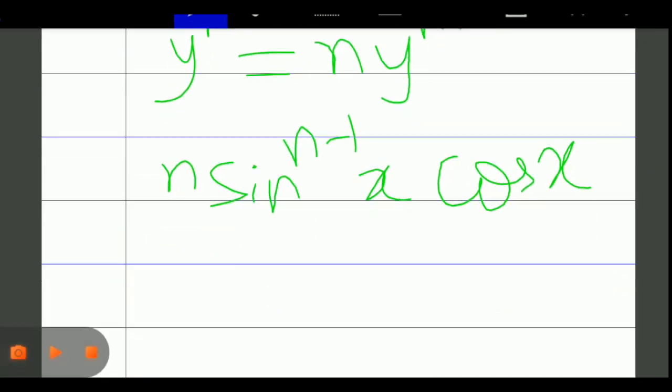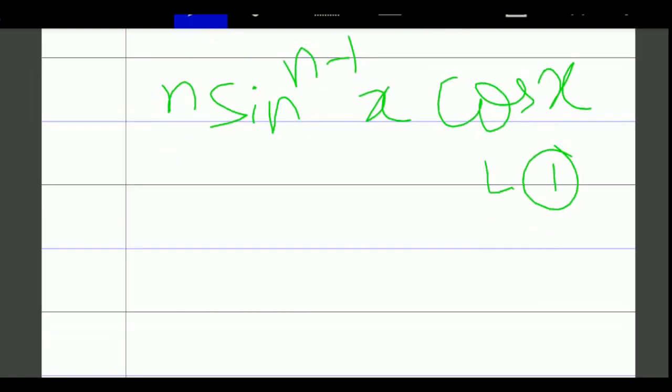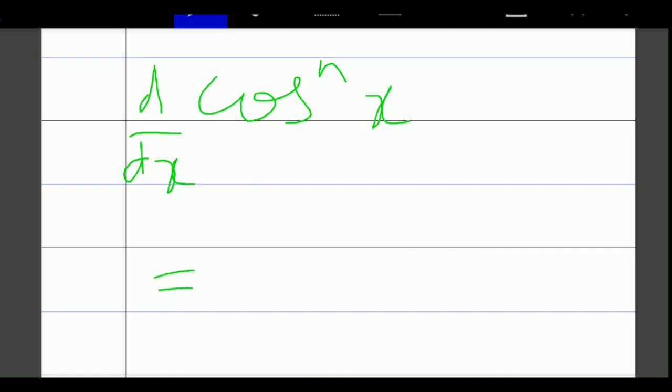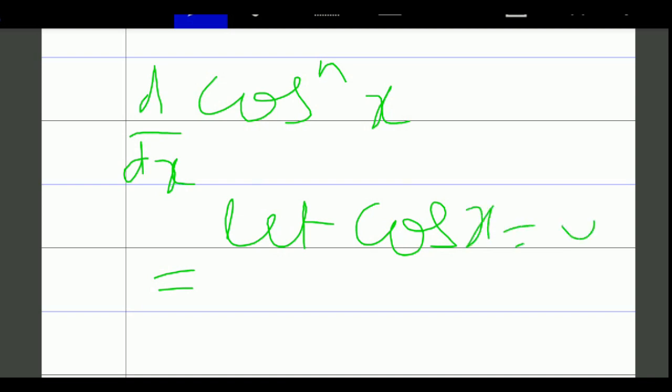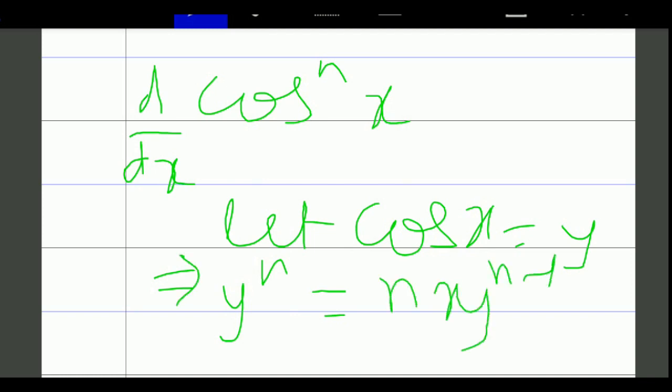Now consider this as 1. Now we will differentiate the second term, that is differentiation of cos^n x. Let cos x equal to y, so y raised to n becomes n into y raised to n minus 1.